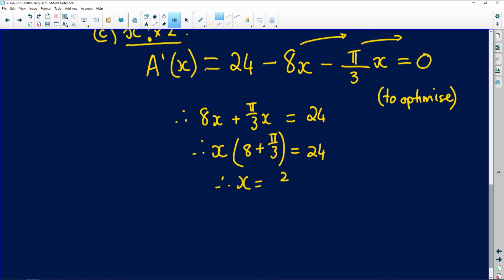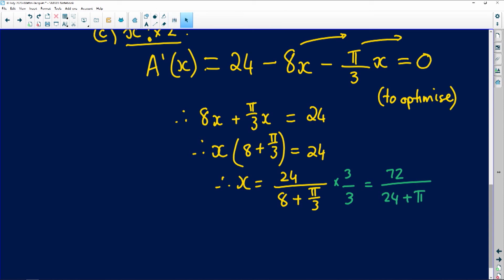X is 24 divided by 8 plus pi over 3. Now, folks, you can multiply the top with a 3, and you can multiply the bottom with a 3. You're multiplying by 1. That takes care of this ugly fraction. So that is 60 plus 12 is 72 divided by 24 plus pi.